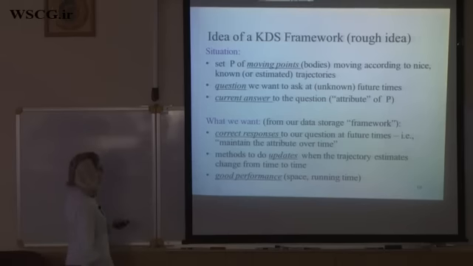But the whole idea of kinetic data structures is that maybe if you start off with the correct answer, as the points move, you do some updates in whatever information you're following about the points, so that when the question is asked, you can immediately respond without having to recompute what the answer is from scratch.